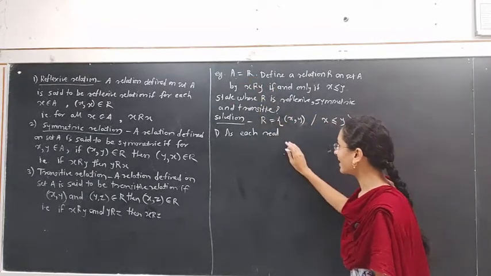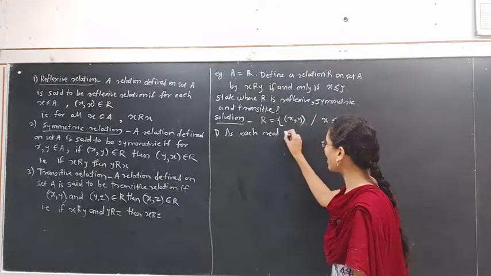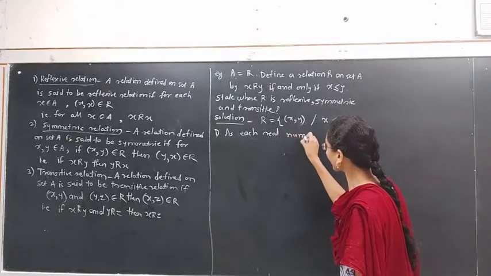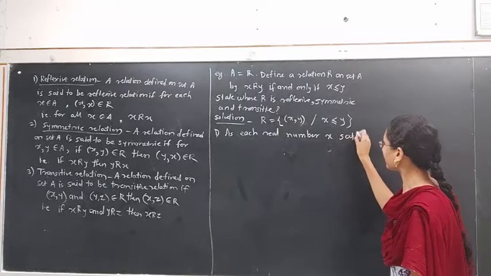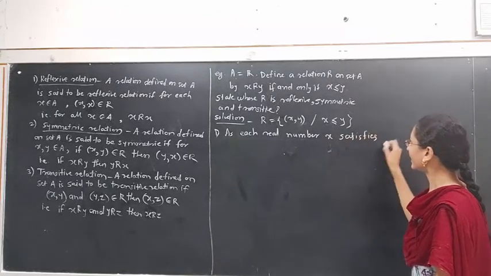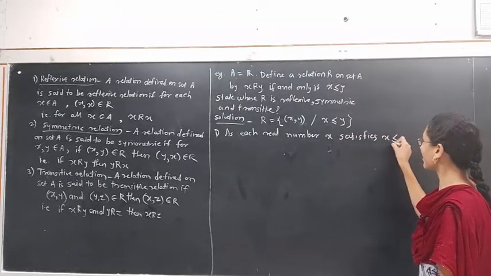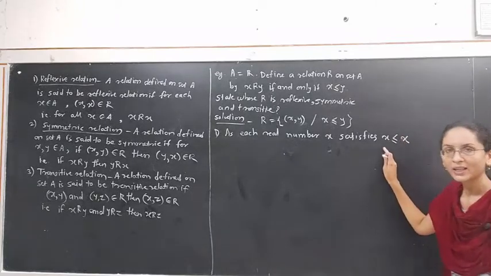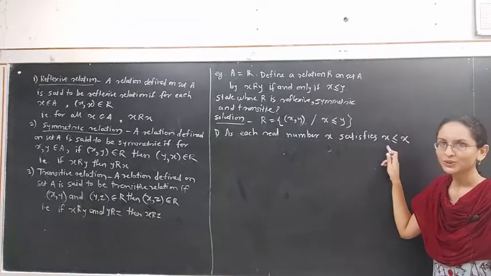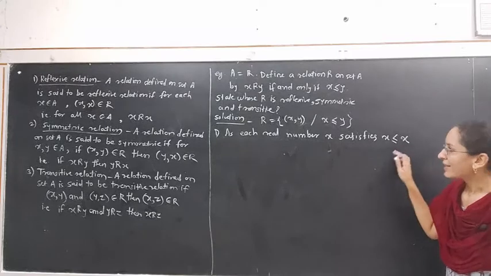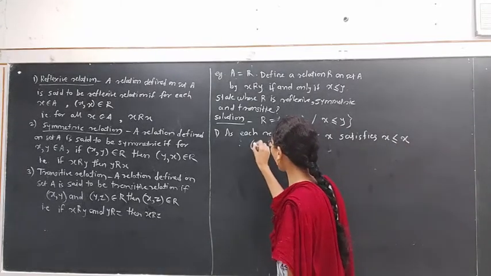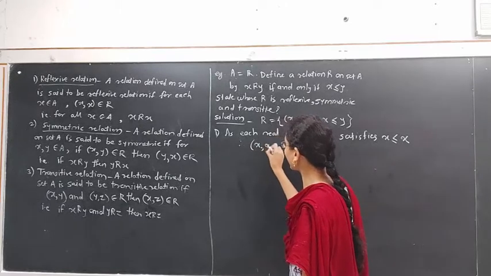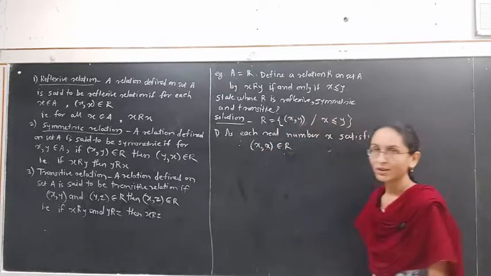Hence each real number x satisfies the condition x less than or equal to x. Every number is less than or equal to the same number. Hence, we say that the ordered pair (x, x) belongs to set R.